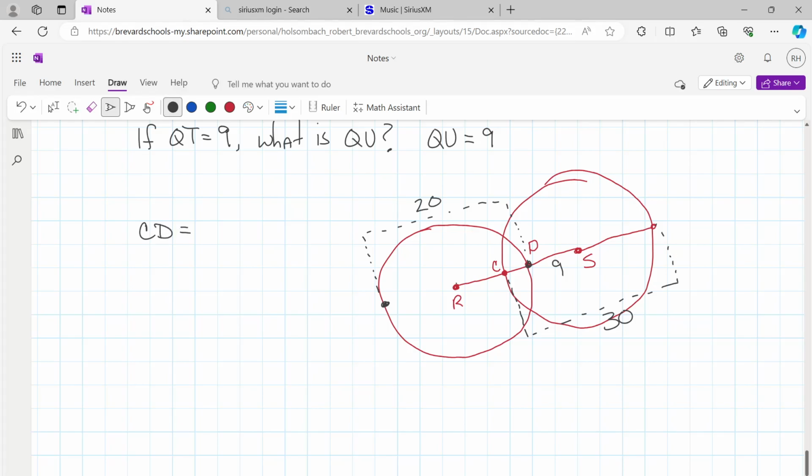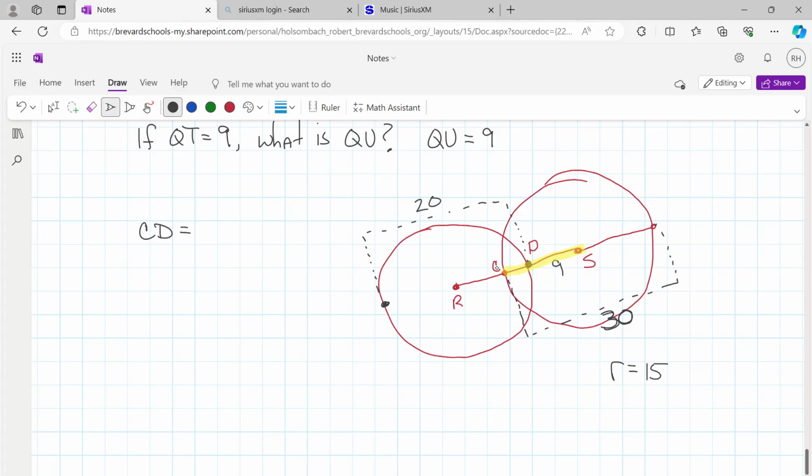Okay, so let's not make this harder than it is. If the diameter of circle S is equal to 30, we were given that, then what is the radius of circle S? It's 15, good. The radius of the big circle is 15. So does everybody see this piece right here? C to S. C to S is 15, right? It's a radius.